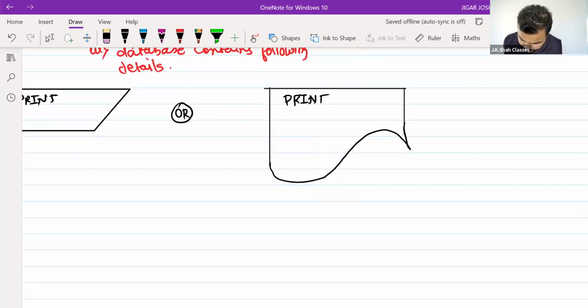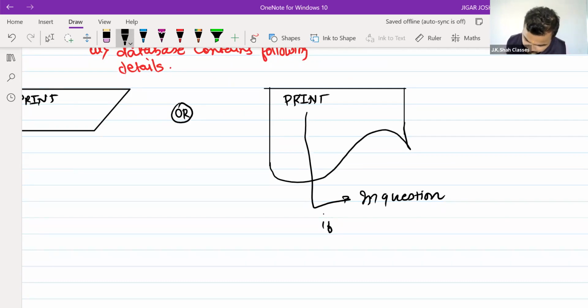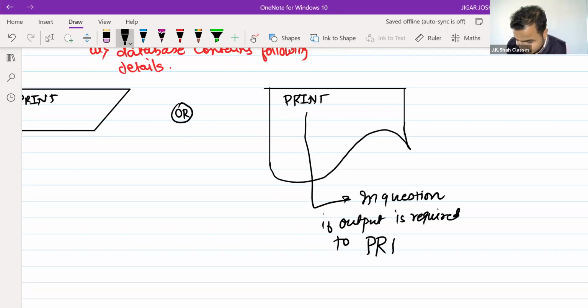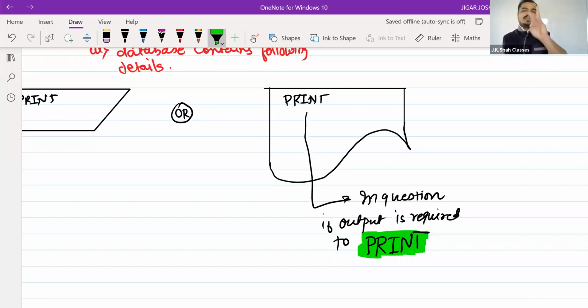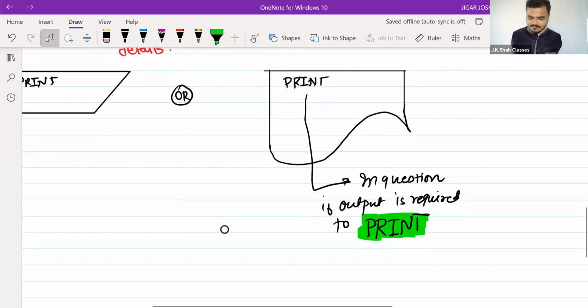Whenever in the question output is required to print, if you can see the word print over there in the question, then we will draw the second one, print. Otherwise, the first one would be okay. Understood? Yes, sir. Please draw this now very fast.